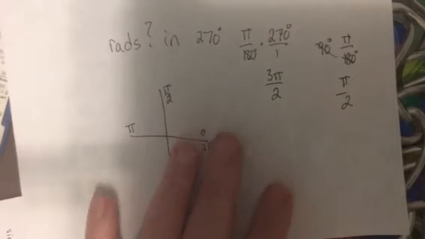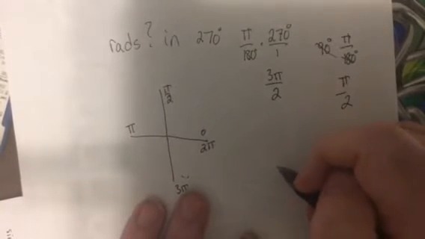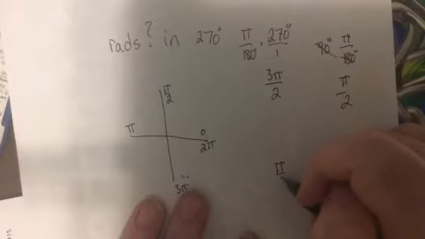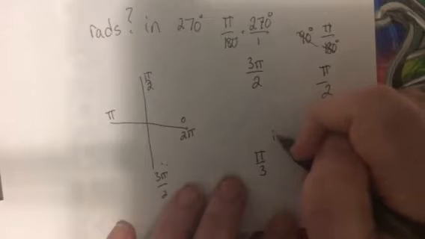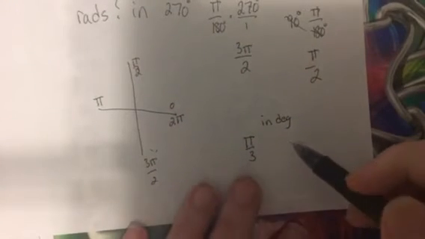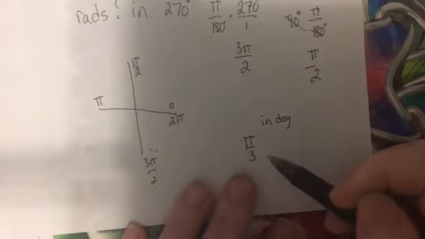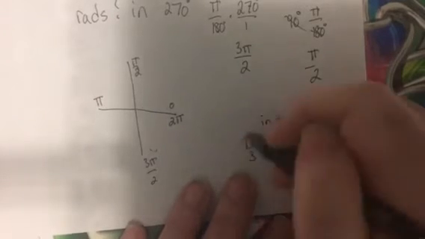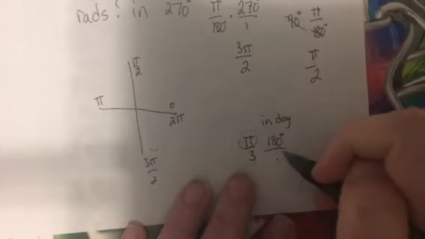Now, let's say I want to go in reverse. Let's say I ask, what's pi over 3 in degrees? You could do it 2 ways. You could use 180 over pi, that's our conversion. Or you could just change your pi to 180, because that's what a pi is.